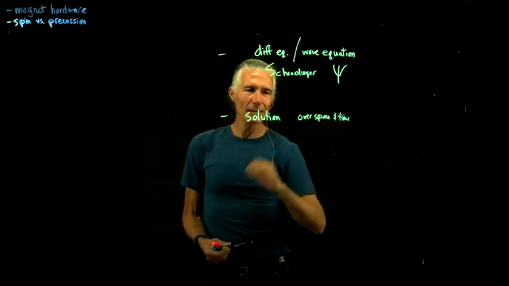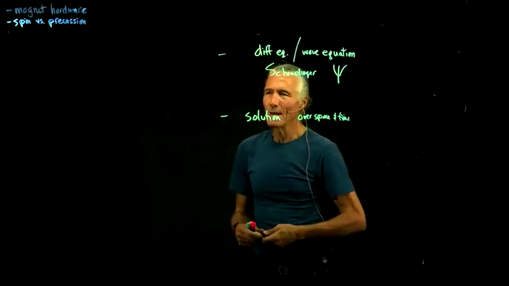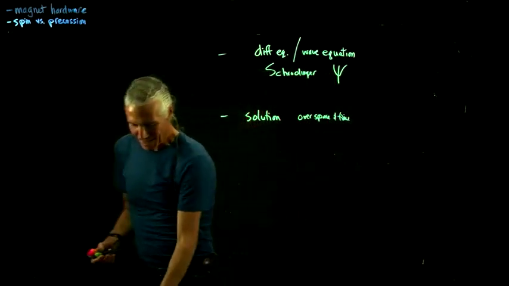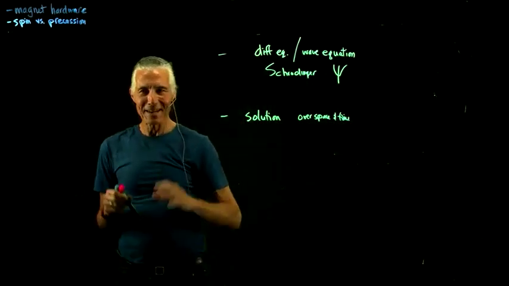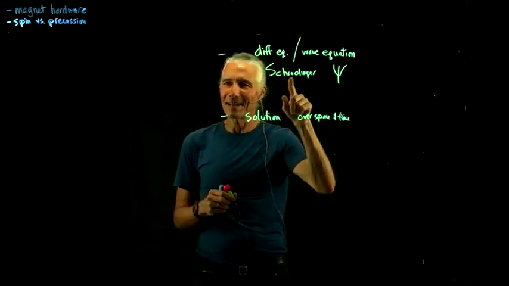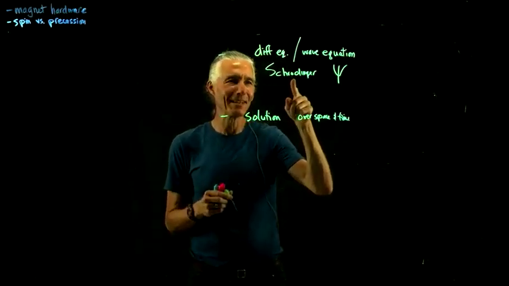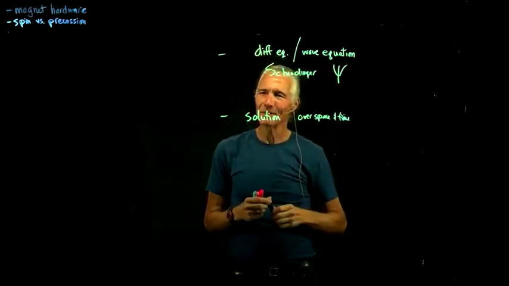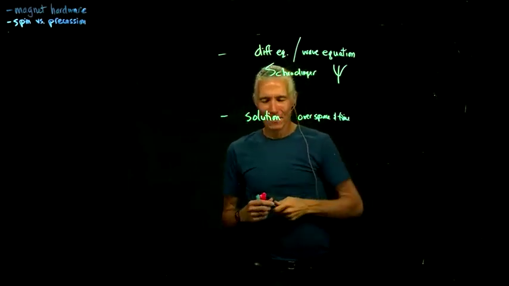But what's the part about this that physicists, like Einstein, hated quantum mechanics? Schrödinger didn't like quantum mechanics. He invented it. He kind of got out of it in his later years.